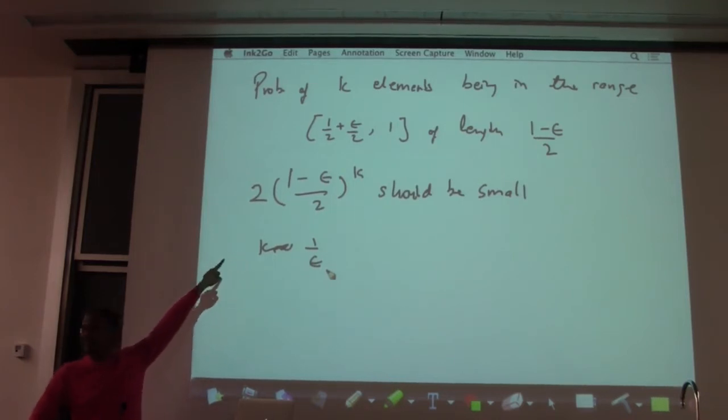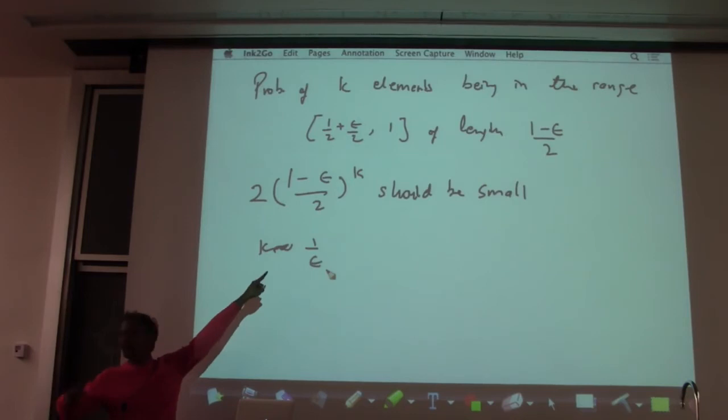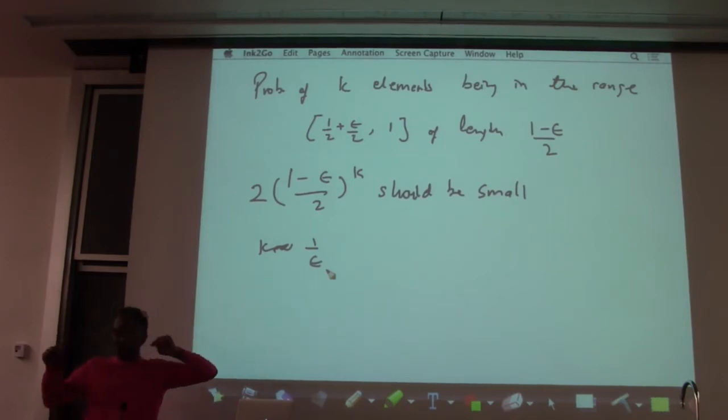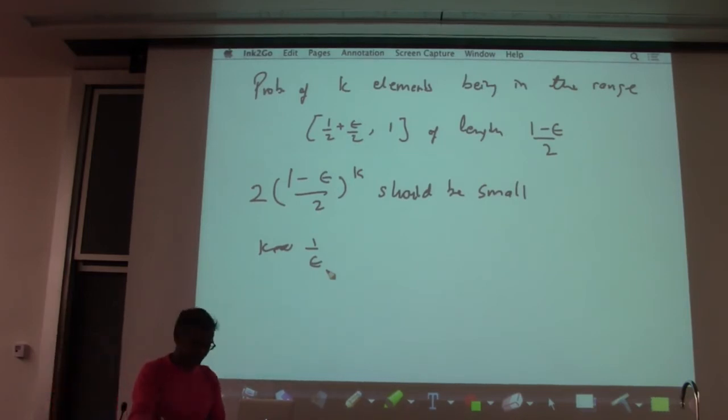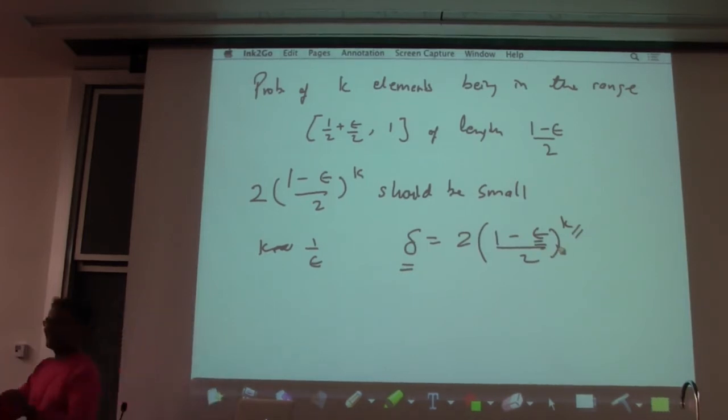So you fix this error, and that gives you a value for k for a fixed epsilon. For any value of epsilon and any value of k, you get the error. As I said, 2 of these 3 parameters are fixed. There's the error term, number of samples, and the approximation. So if you fix any 2 of them, you get the third one. That's what I was trying to do.